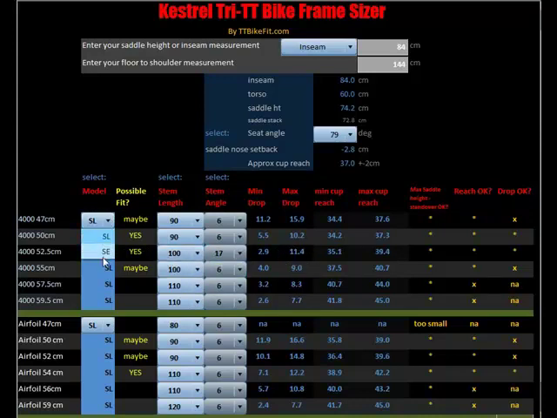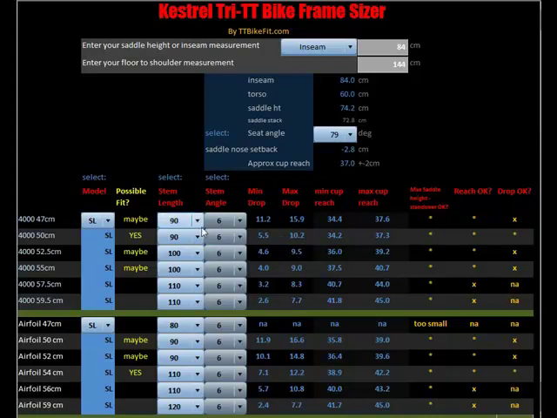We can get this even lower by using the SE aero bars, the lower bars, and we can see that you can get the drop all the way down to 13.4. So this is how you can play with some of these components on the bikes themselves to change these max drop and cup reach measures to see how they're going to fit.